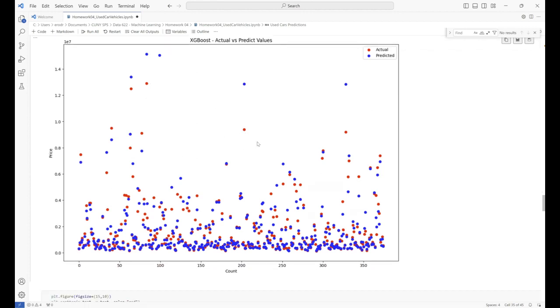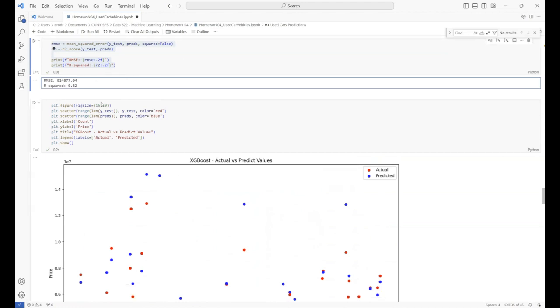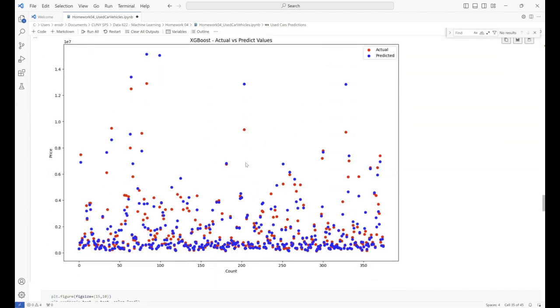I try to visualize it. It's nice to have these values here that are statistical metrics for how well your regression model is performing, but it's also nice to have a visualization.